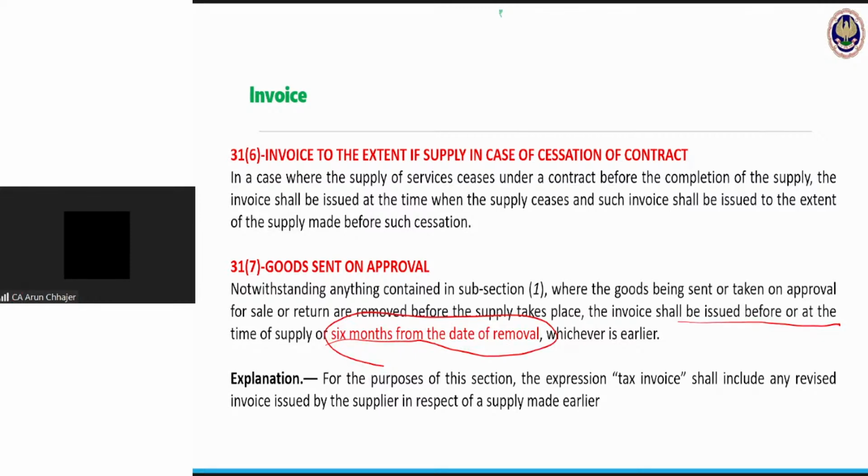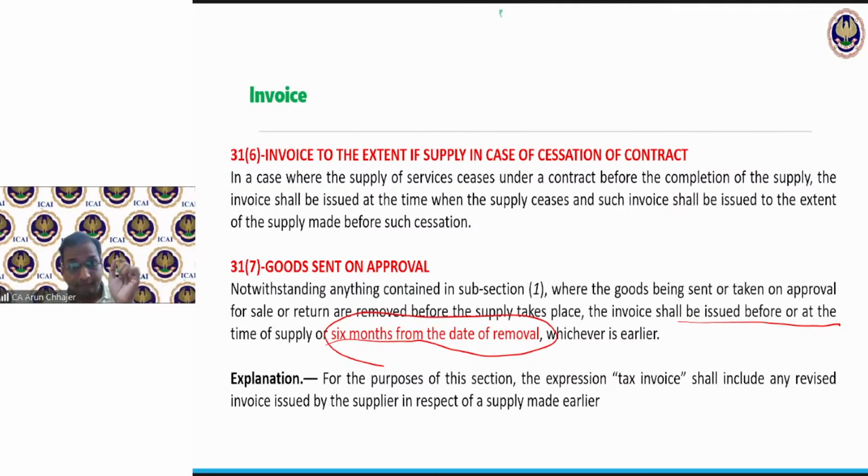Okay, let me repeat once again. If I am supplying the goods, what is the last date? As per section 31, first slide of the discussion, the date of the removal of the goods would be the last date. So 18th July would be the last date to issue the tax invoice if it is a supply.